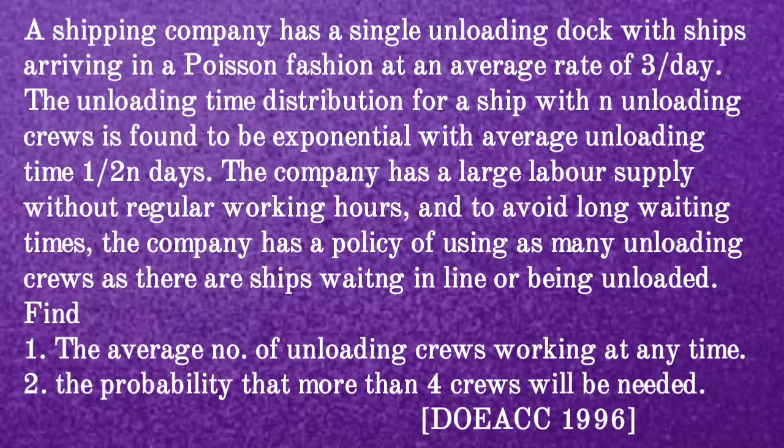The company has a large labor supply without regular working hours, and to avoid long waiting times, the company has a policy of using as many unloading crews as there are ships waiting in line or being unloaded. Find first the average number of unloading crews working at any time. Second, the probability that more than 4 crews will be needed.